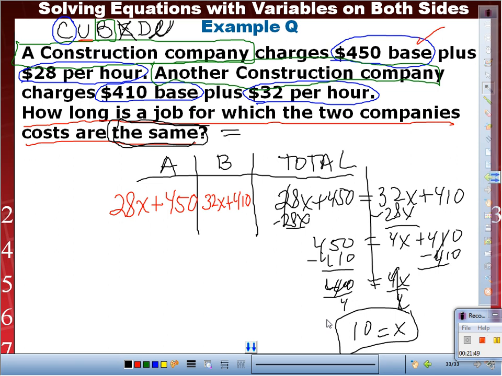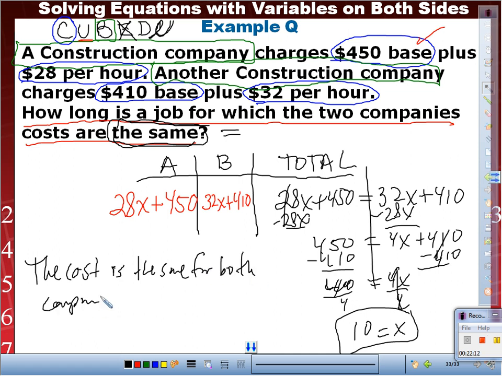No, we need to answer the question. What's the question? How long is a job for which the two companies' costs are the same? The cost is the same for both companies after what?